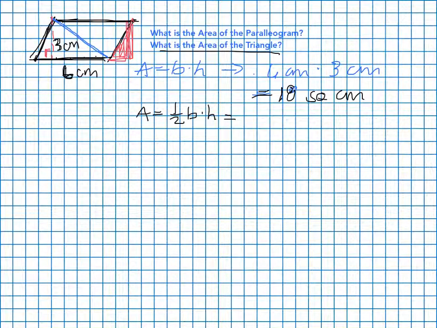So I'm going to take my base times height, which is 6 times 3, and divide it by 2. 6 times 3 is 18. Divide that by 2, and we get 9 square centimeters.